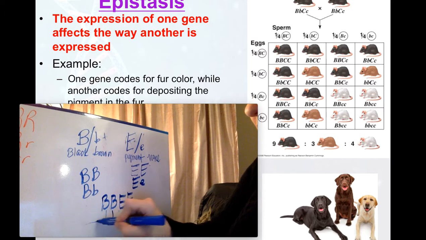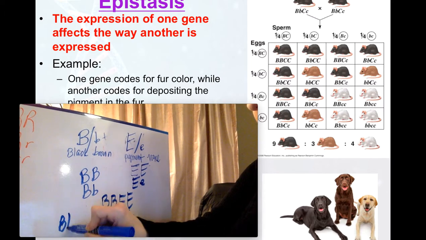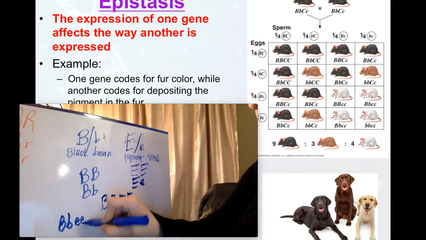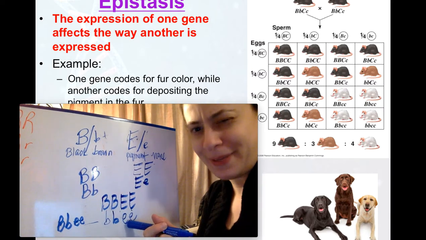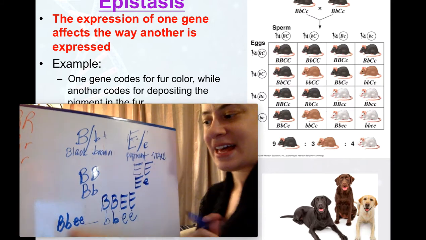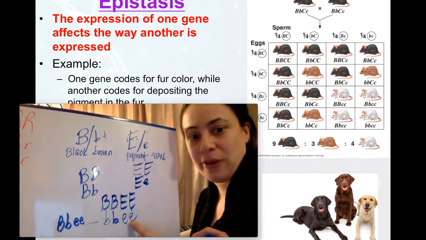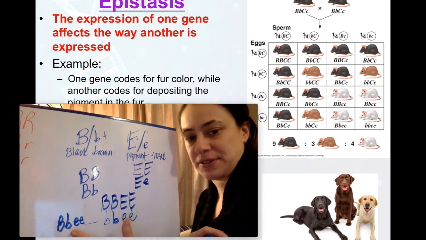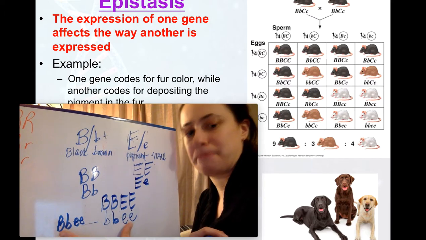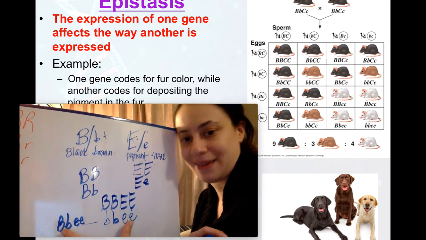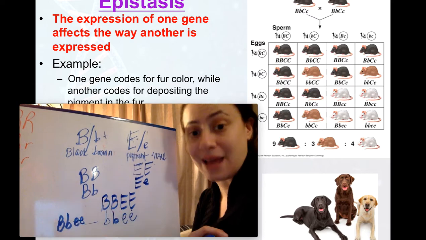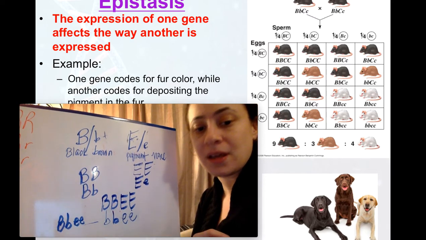It doesn't matter whether I have the genotype big B, little e, little e, or little b, little b, little e, little e. Whether it's this or that, both of these are still a yellow lab, because in both cases there's no pigment produced. That's the point and that's the idea.